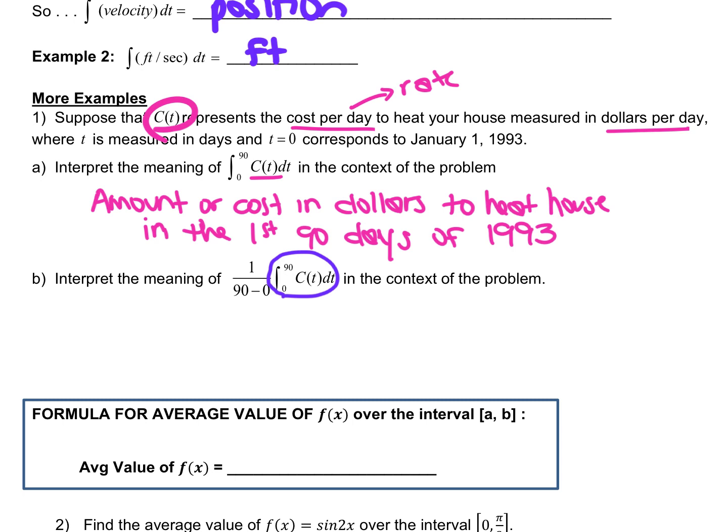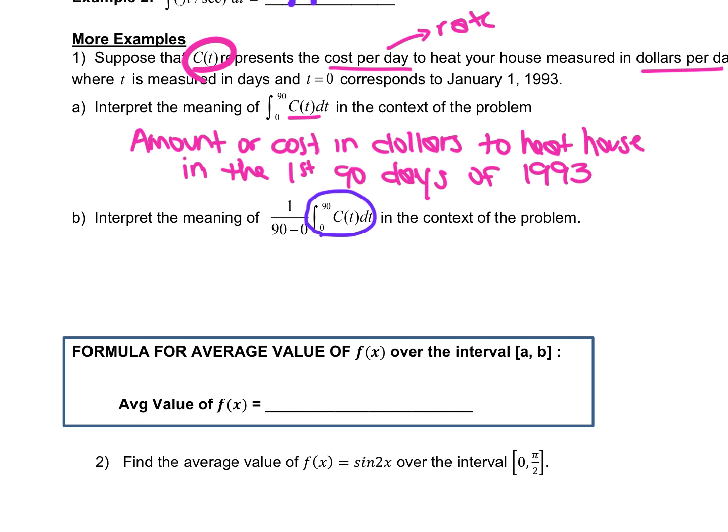It's dividing it by 90, which in math is finding how much it is per day. We don't know an exact cost per day because that would change, but we would call this the average cost per day to heat the house.